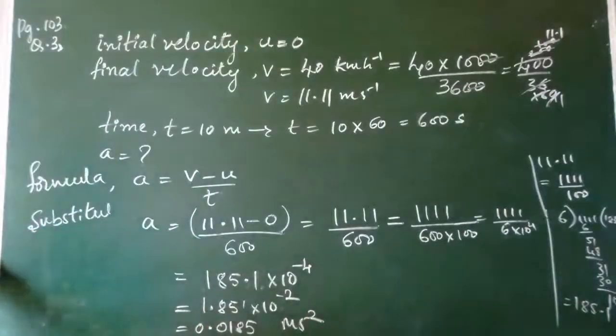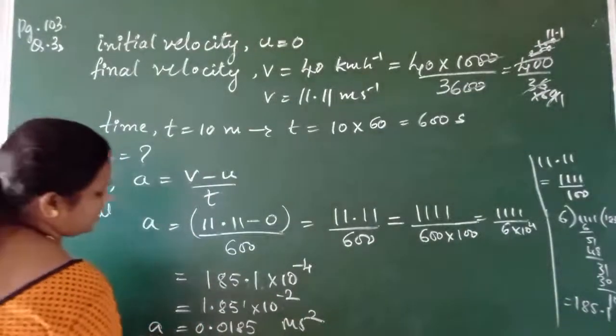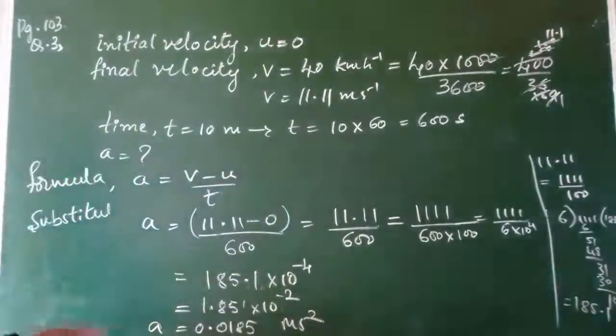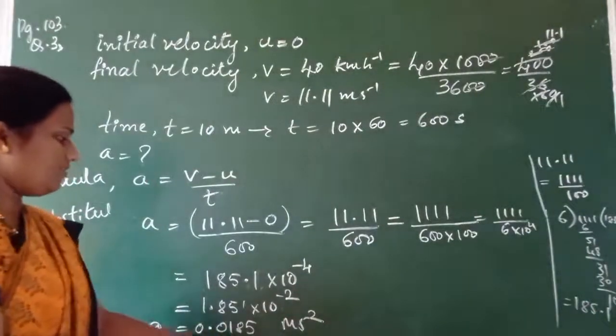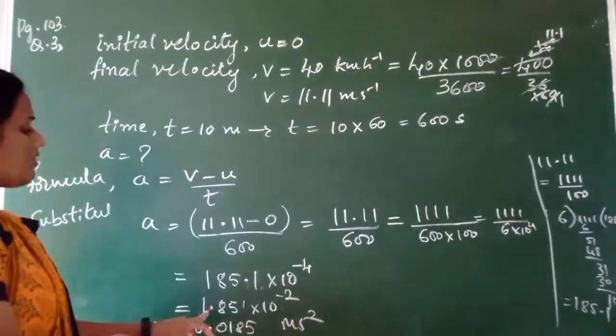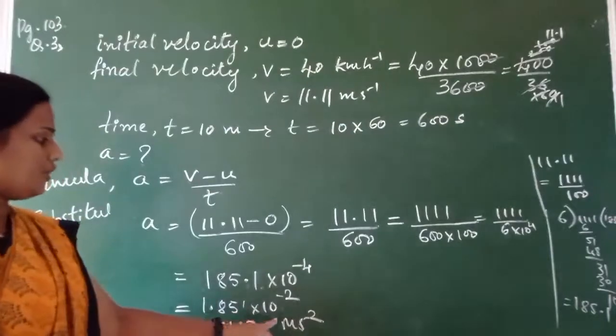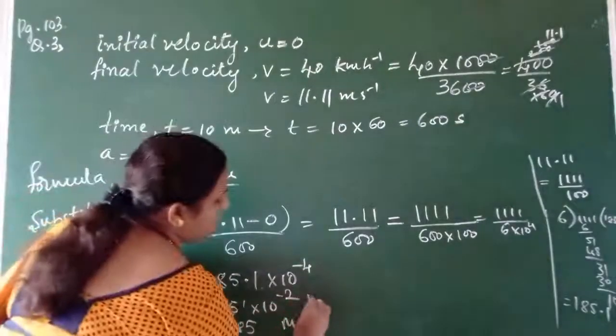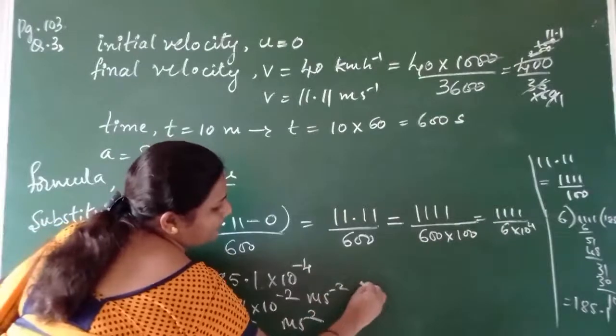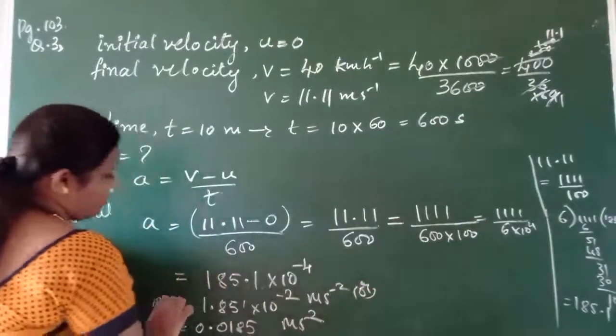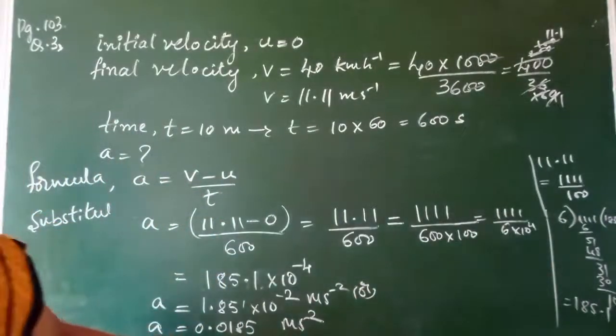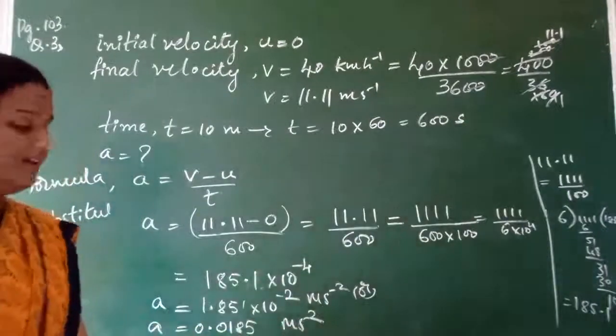Isn't it, children? Both are the same. So the acceleration is what? 0.0185 meter per second square, or 1.851 into 10 to the power of minus 2 meter per second square. The value can be written in this way or in this way also. Both are correct. Got it, children?